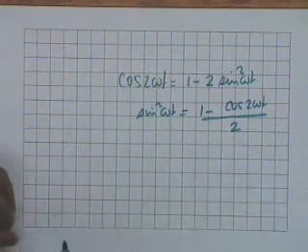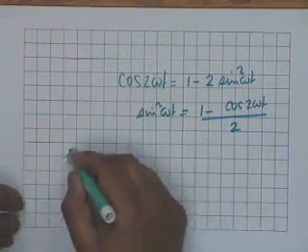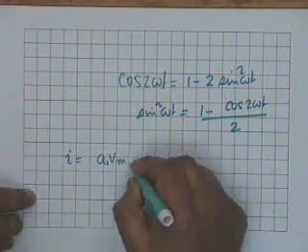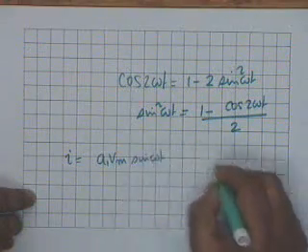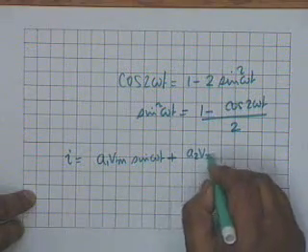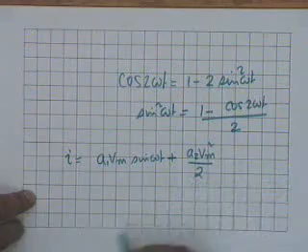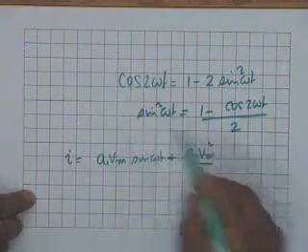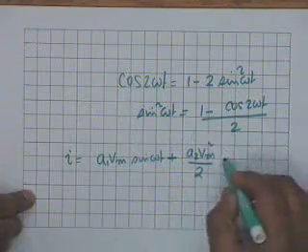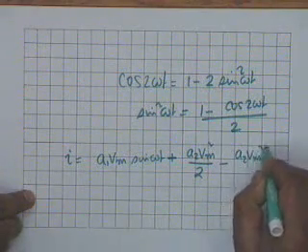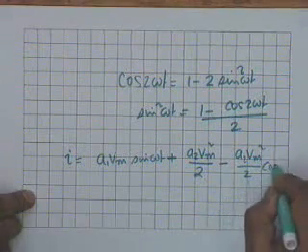Therefore, my current I can be written as A1 Vm sine omega t plus A2 Vm squared by 2 minus A2 Vm squared by 2 cosine of 2 omega t.